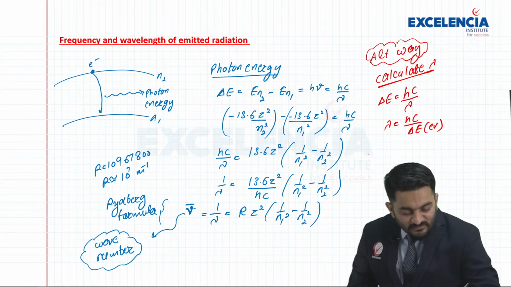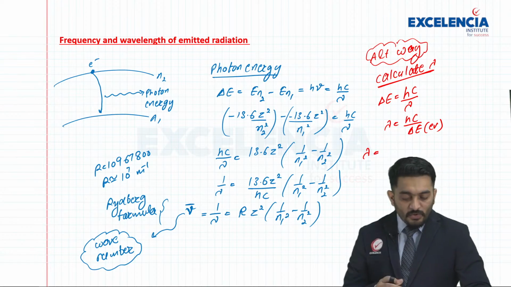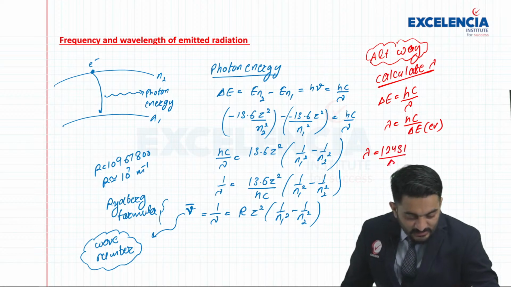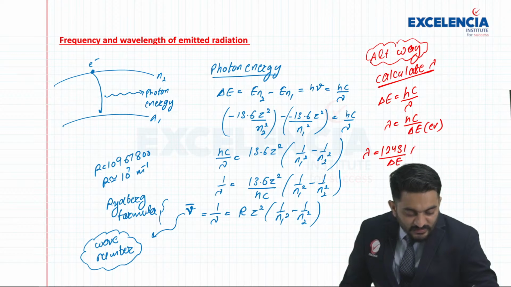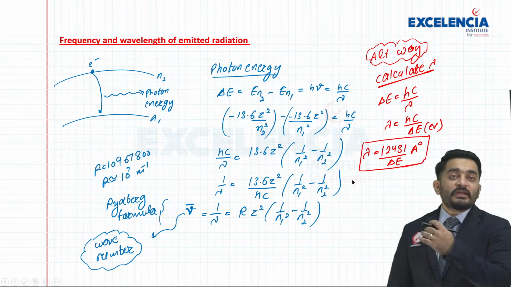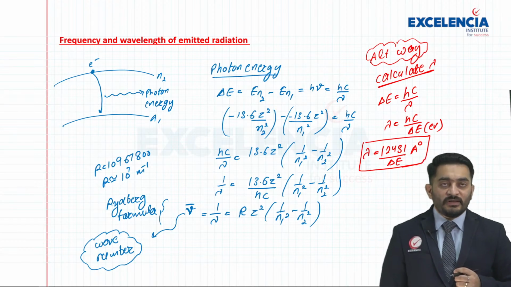And hc is again a constant, and you can remember that this is 12431. And this delta E, whatever energy difference they have given to you, or somehow if you can remember it from the energy level diagram which I have drawn, you directly substitute the value of delta E over there.